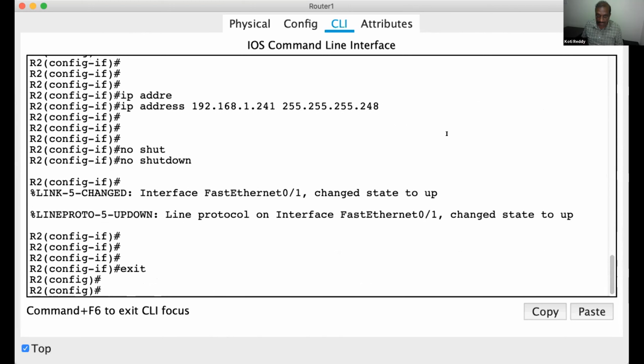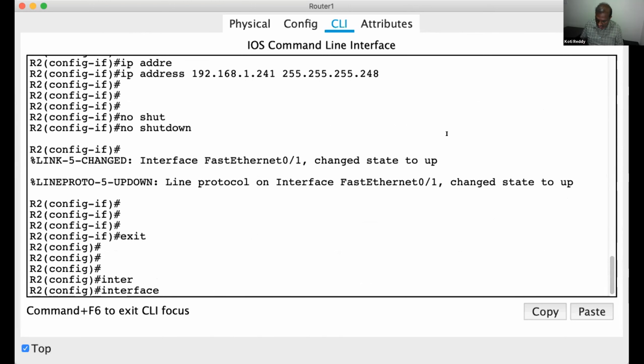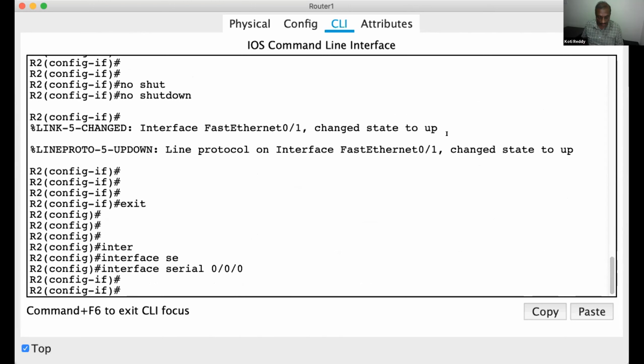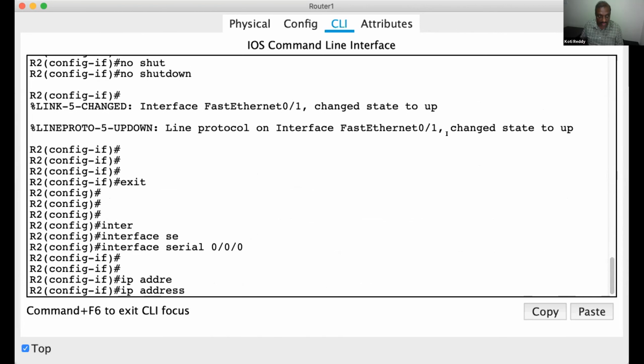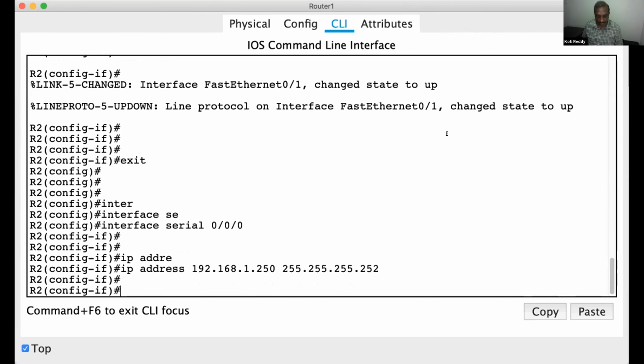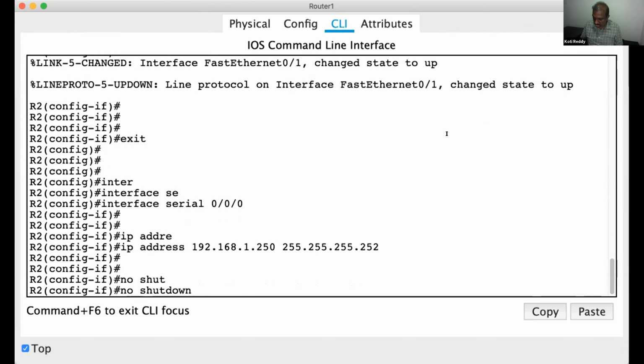Again, I say exit. Interface serial 0/0/0, IP address 192.168.1.250, mask 255.255.255.252. No shutdown.